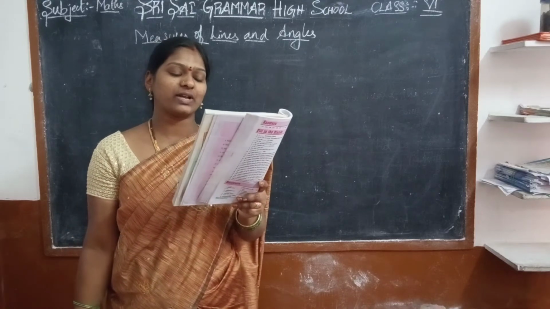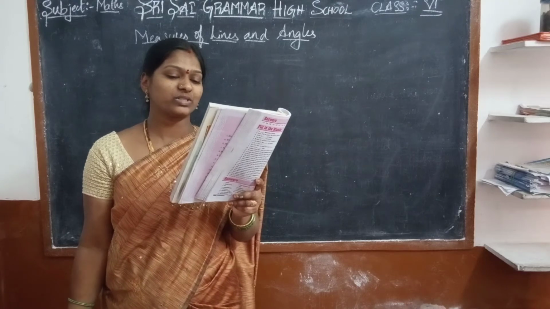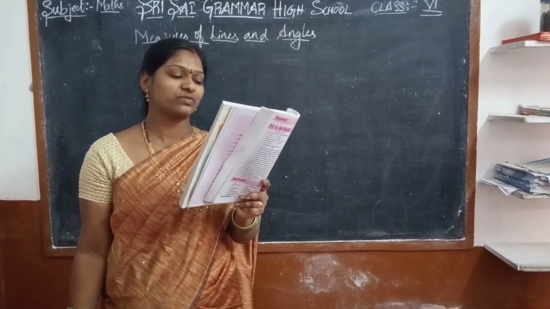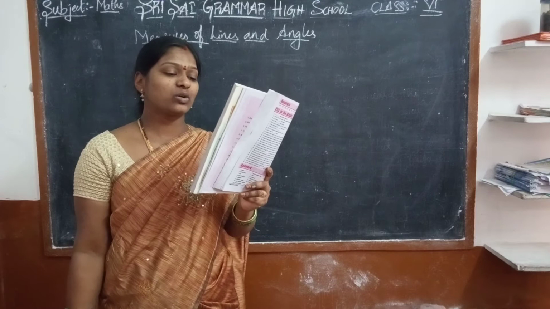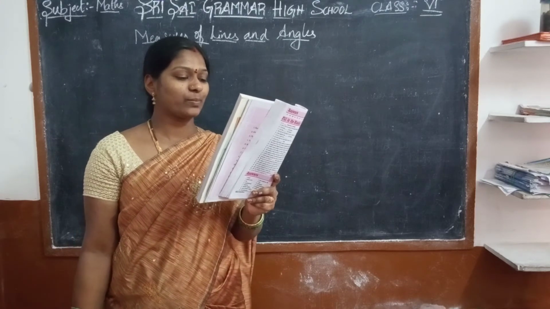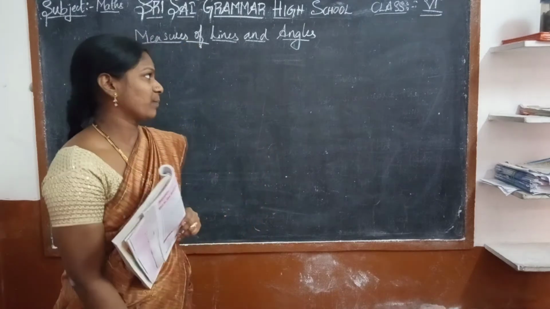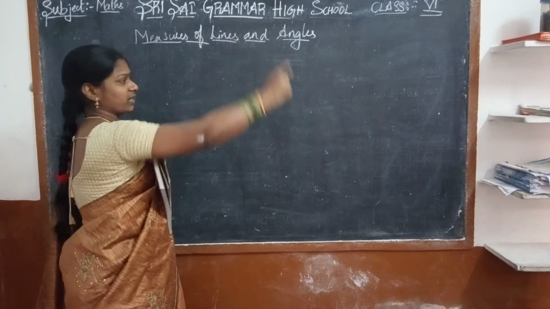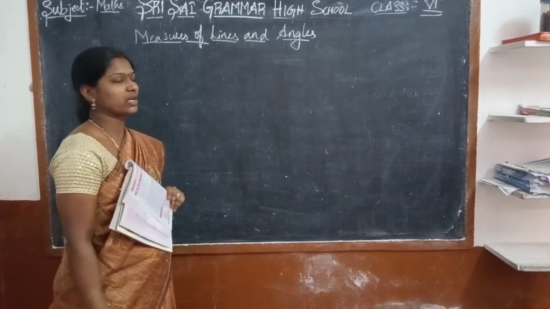Comparison of the lengths of line segments and the measures of angles between them by looking at them is not possible. If the lengths or the measures are so close to each other, then we require an accurate tool or device to compare them. For example, this is the board.